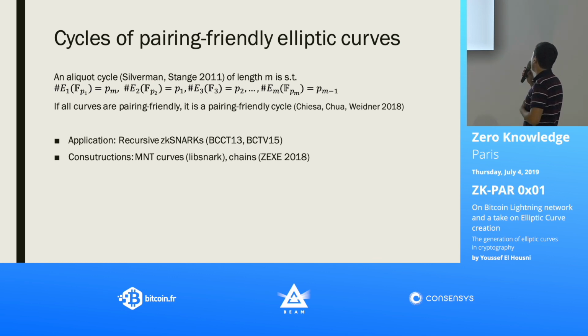So you need finding elliptic curves that form a cycle, so the order of one is equal to the characteristic of the other one. The only elliptic curves that we know for the time being are MNT curves, but then Zexe recently had a nice construction that is only doing chains, so they use the Cocks-Pinch strategy, and they use the BLS curve. If you are interested, we can talk about this a bit more.